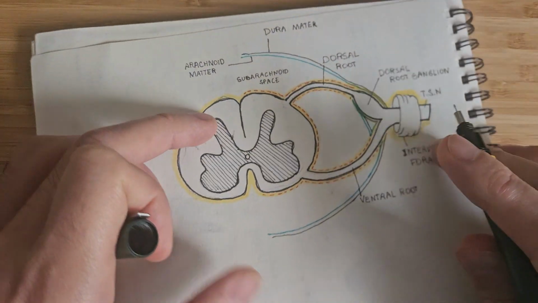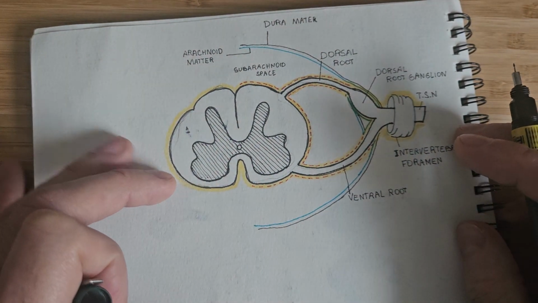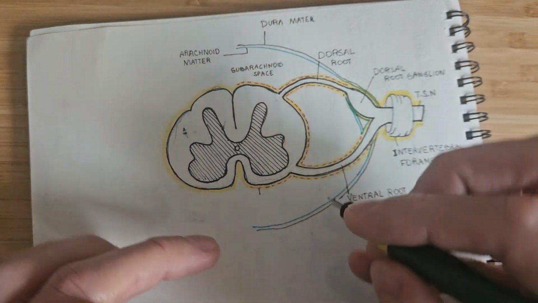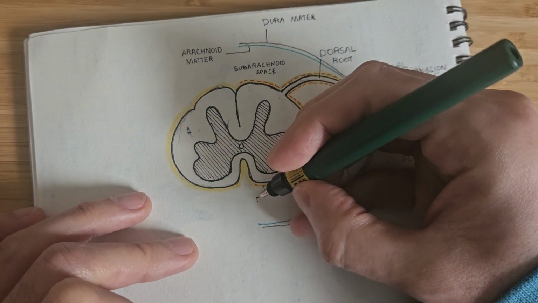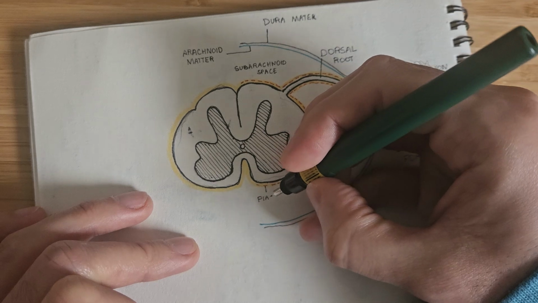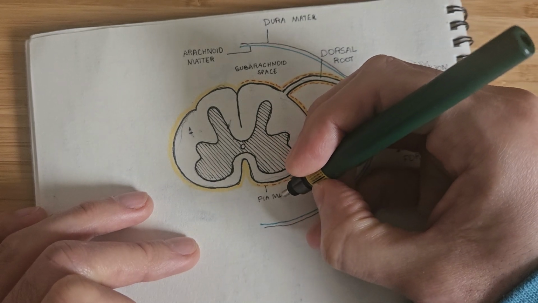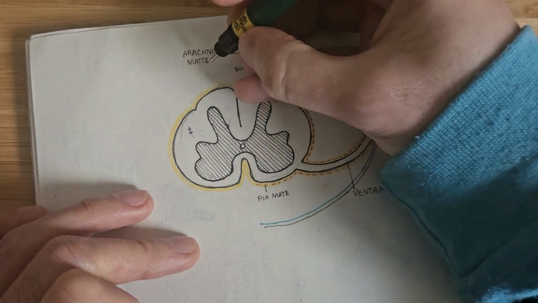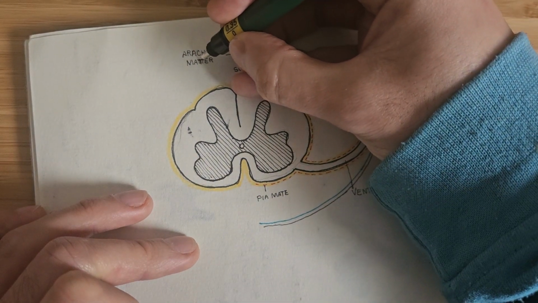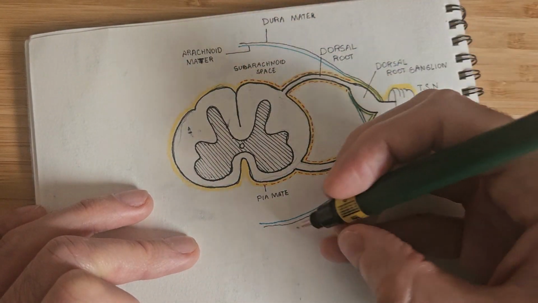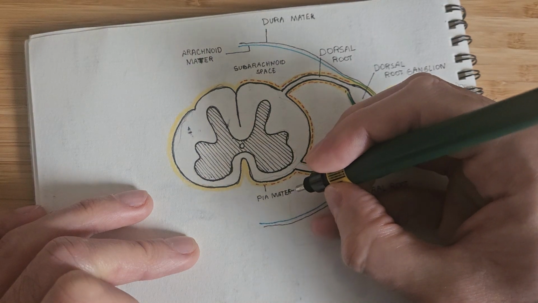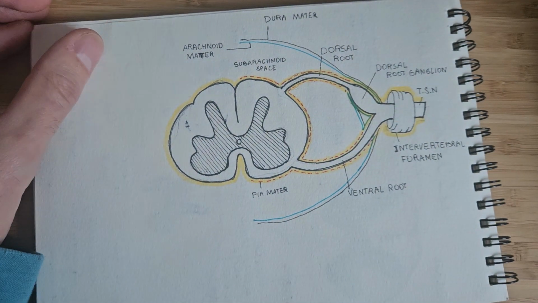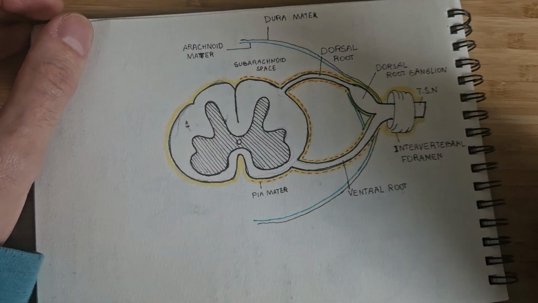Yep, subarachnoid space, and then we have the pia mater, which is the red dot line. Pia mater. My bad here, I always write with two T's. Pia mater. Okay, we have the pia mater right here.